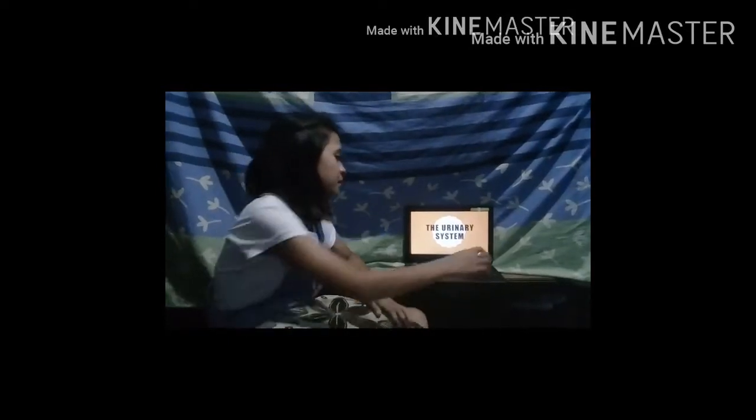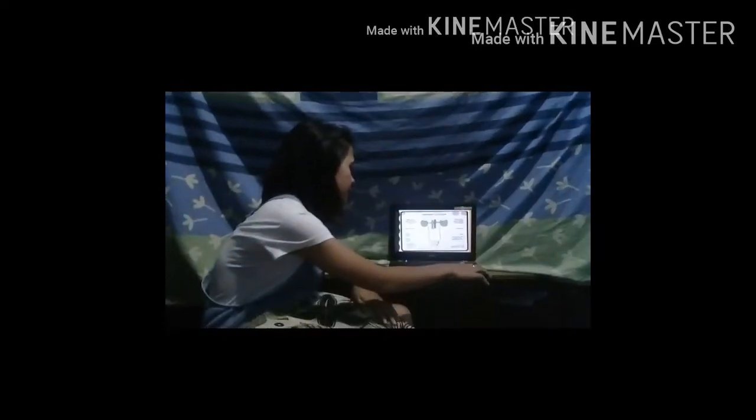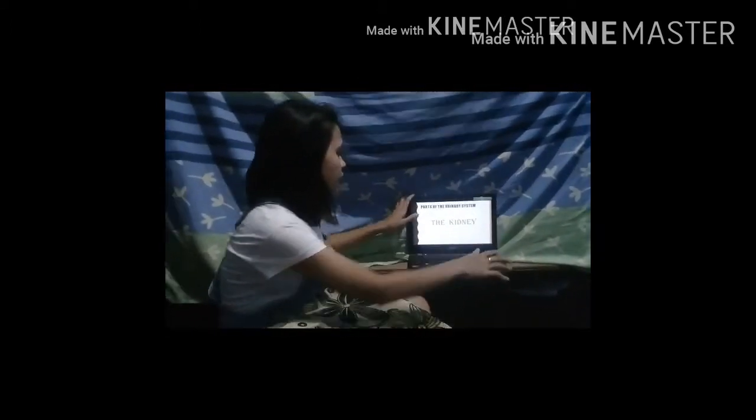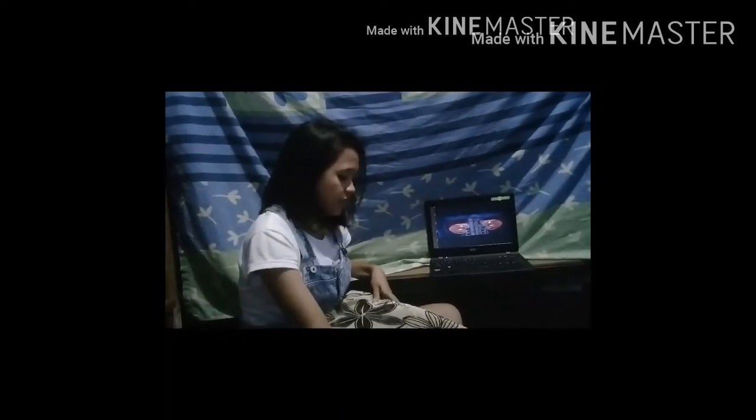Urinary system. So this is the urinary system. The parts of the urinary system: the first part is the kidney. The kidneys are a pair of bean-shaped organs. The kidneys are dark red and slightly flattened.